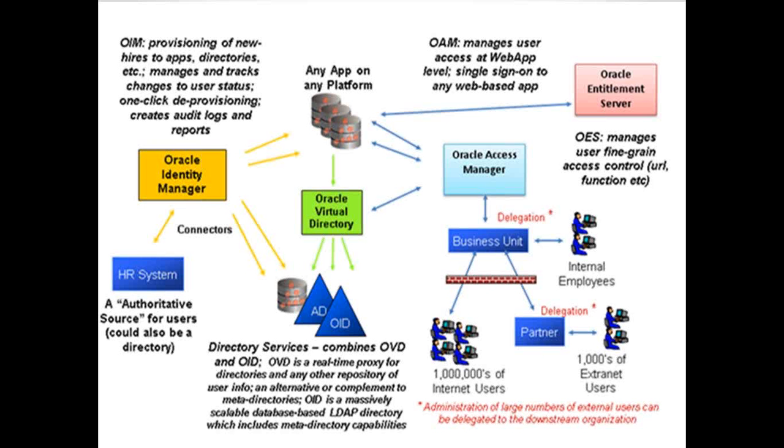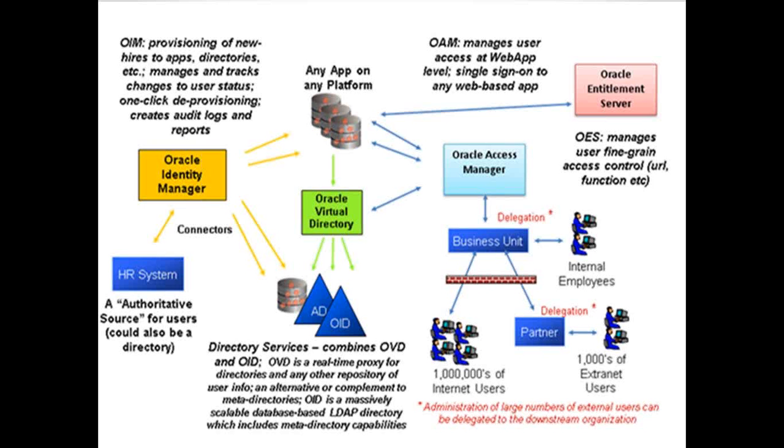This is just an example of how the identity manager products and tools are configured there, how to use them, and what the infrastructure is. Here is the HR system in a company where we have OIM, OID, OVD and all those products installed and configured.